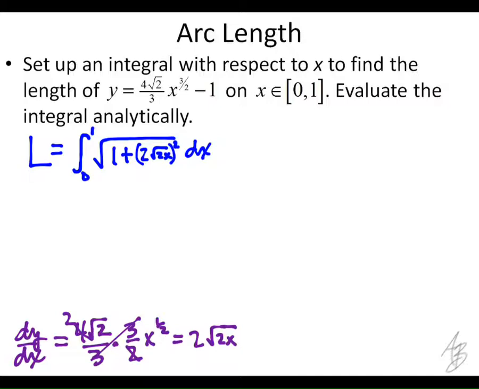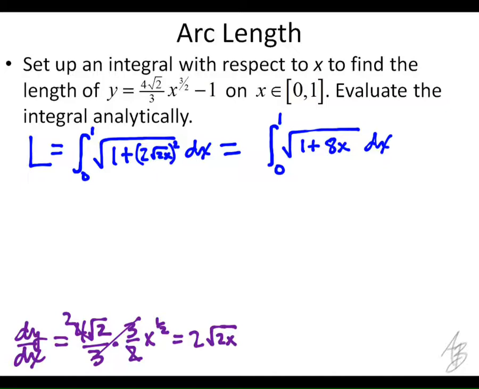Now, since we need to evaluate this analytically, this would be a non-calculator question. The first thing that we'll need to do is simplify this square root here. So when we simplify that, we'll have the integral from 0 to 1 of the square root of 1 plus what? 8x with respect to x.